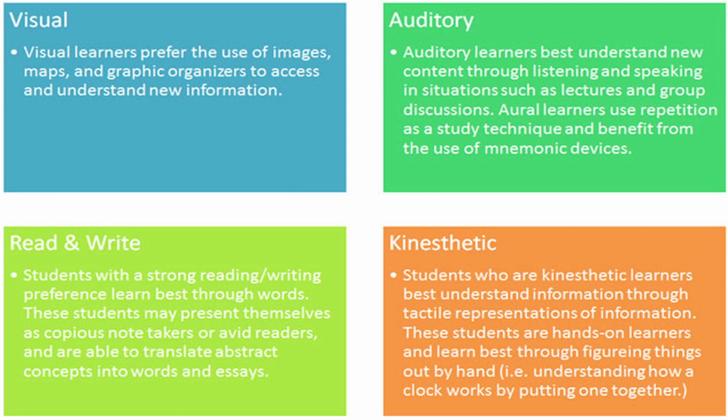Okay, next is read and write. So students with strong reading and writing preference learn best through words. Okay, so ito yung mga tipo ng student na sa pagbabasa lang natututo na. Okay, hindi lang basta sa pagbabasa, yung tipong combination of both.